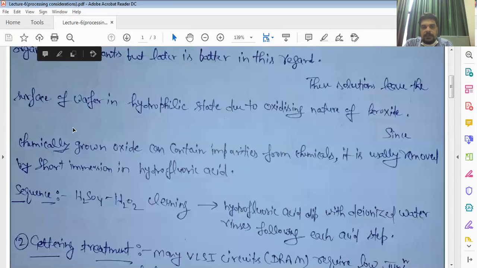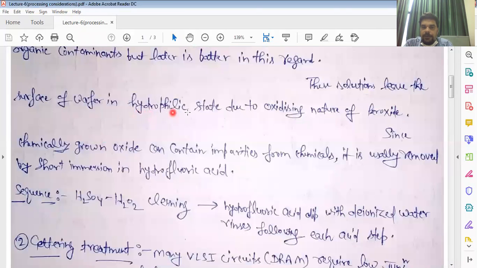These solutions basically leave the surface of the wafer in a hydrophilic state. And why is this hydrophilic state achieved? Because of the oxidizing nature of peroxide. Now, what are the sequences?